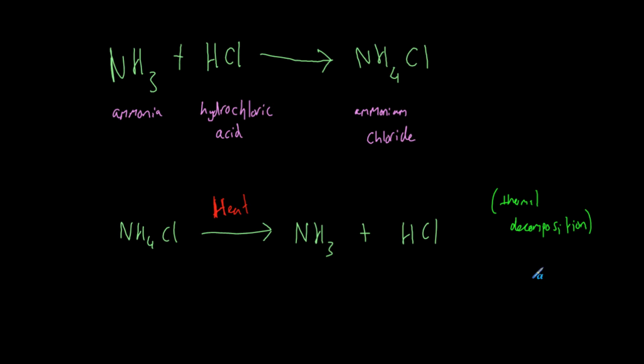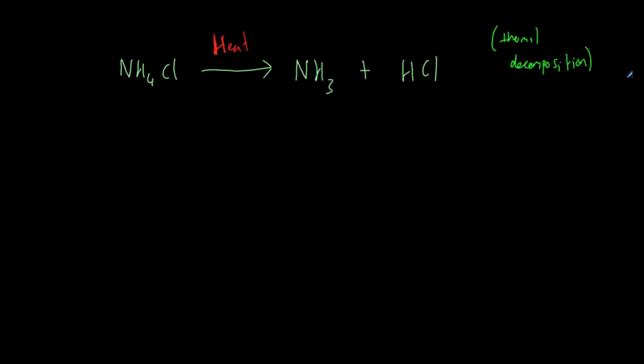Now, what you will notice is that the top reaction and the bottom reaction are exactly the same, but they're going the opposite way. And so that is actually what we call a reversible reaction. So this is known as reversible.